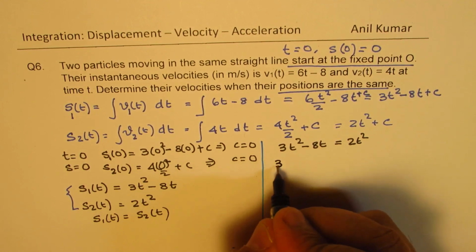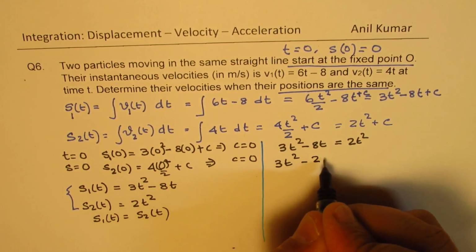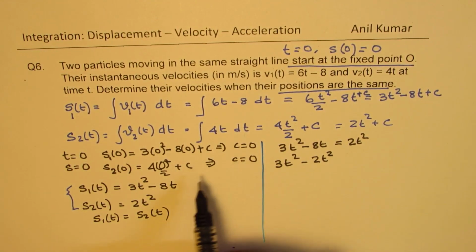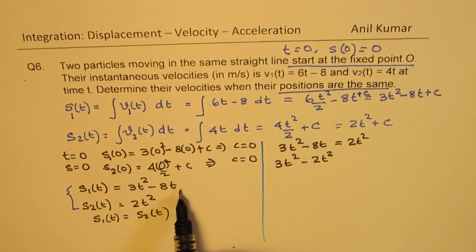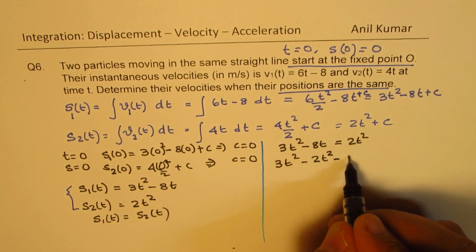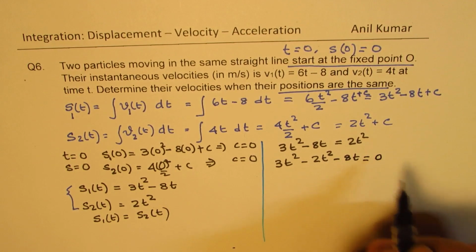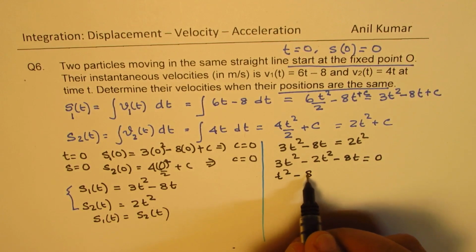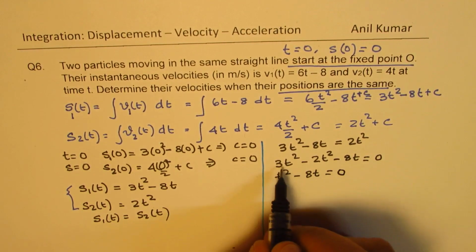So bringing it to the left, we get 3t squared minus 2t squared minus 8t equals 0, right? So that means t squared minus 8t equals 0, right?